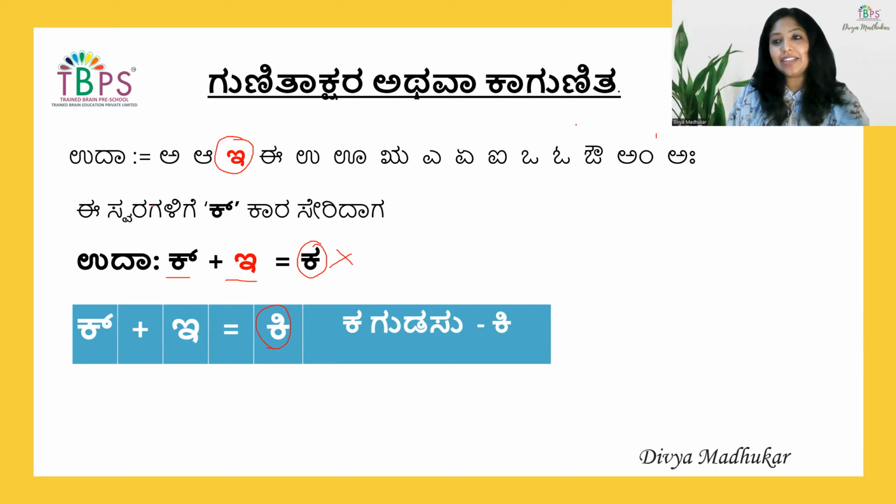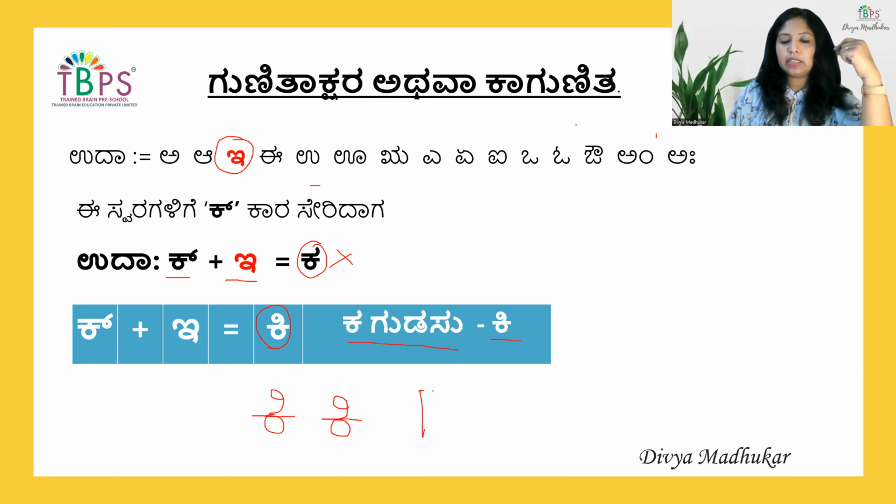When you add i to K, it becomes ki. See, that i sound comes. For that i sound, we call it gudisu. Ka gudisu ki. How do we write it? Take this. Ki. Ka gudisu ki.